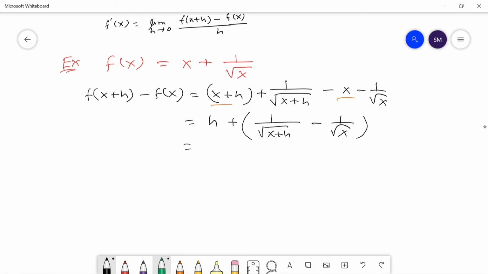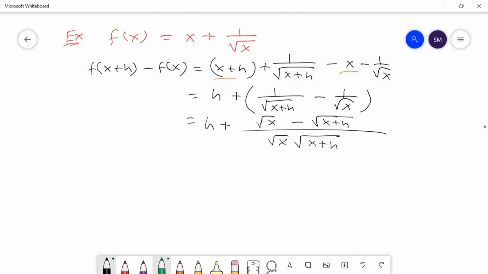Then we will have h plus, here you have square root of x and square root of x plus h in the denominator. So you have square root of x minus square root of x plus h.